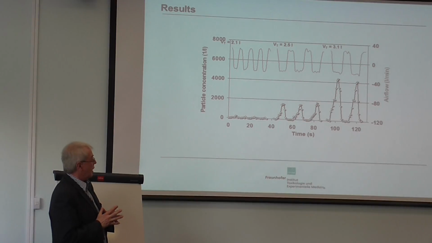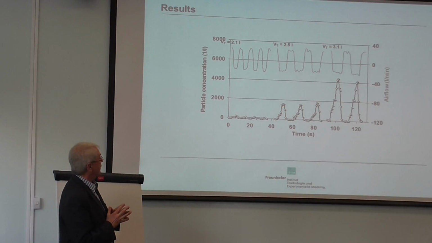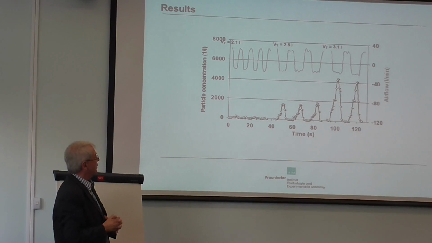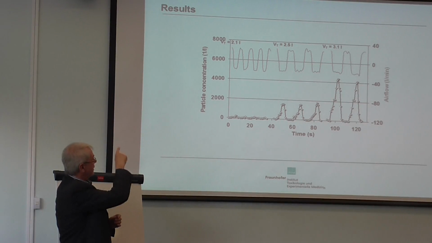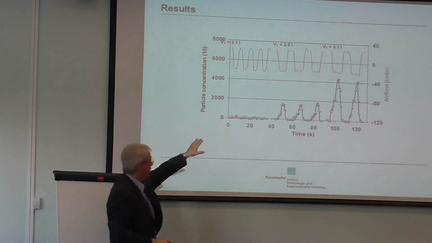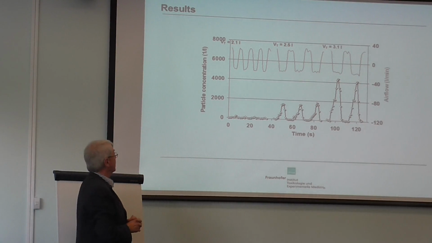So this graph is one of the central results, and this is a little complicated. You have to look closely at this. The upper curves, these oscillating curves, are the flow rate, right? So you see inhaling, exhaling, and the curves on the bottom are the particle concentration that you measure.